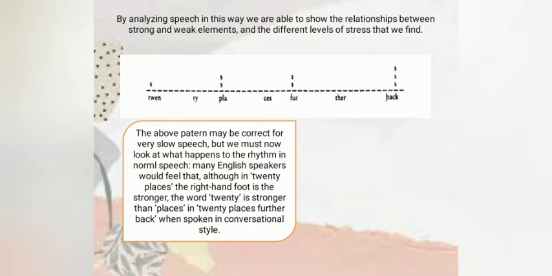Many English speakers would feel that, although in twenty places the right-hand foot is the stronger, the word twenty is stronger than places in twenty places farther back, when spoken in conversational style.